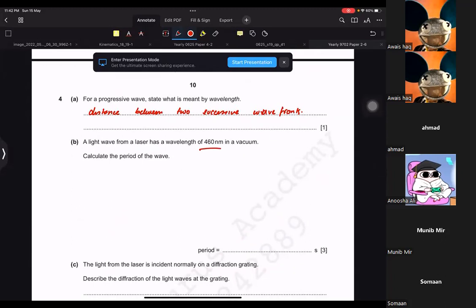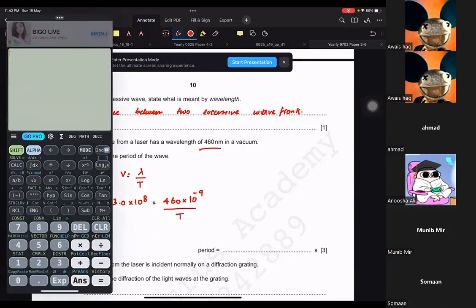Okay. Now, light from a laser has a wavelength of this in vacuum. Calculate the period. Okay, so v is equal to lambda upon T. So this is 3.0 times 10 raised to 8. Lambda is 460 times 10 raised to -9 because it is in nanometers, and we're going to find the period.